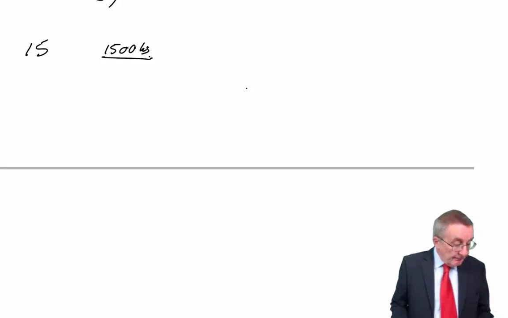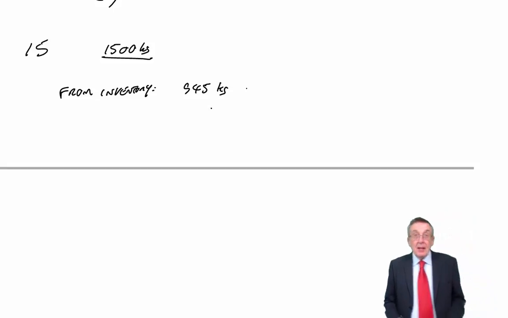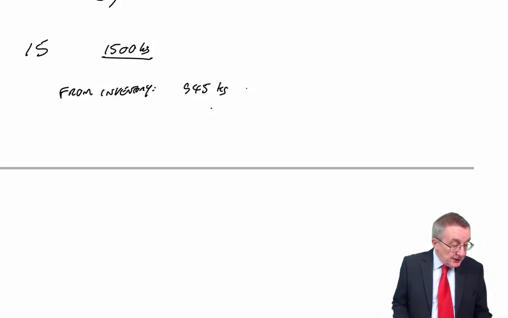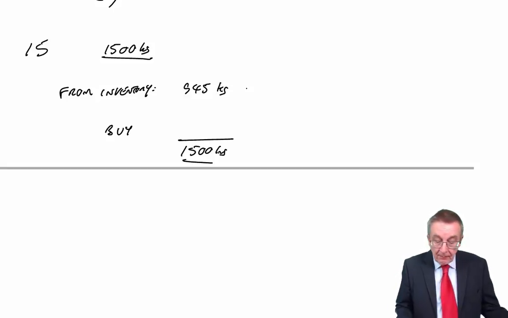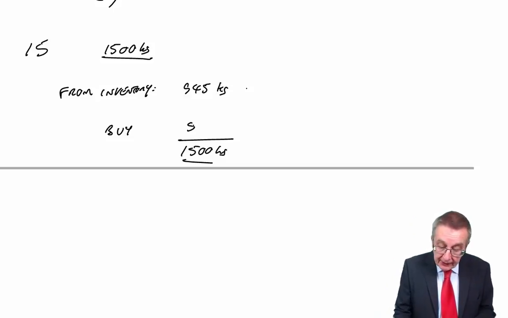Well, there is inventory of 945, so from inventory will be 945 kilos. If there's only 945 kilos in inventory, then the rest of it, with no choice, we're going to need to buy the remaining 555 kilos.